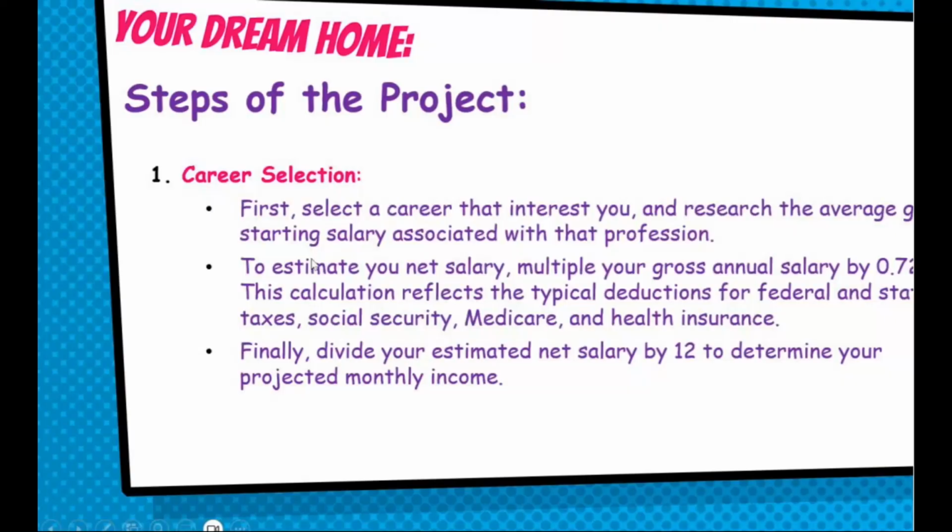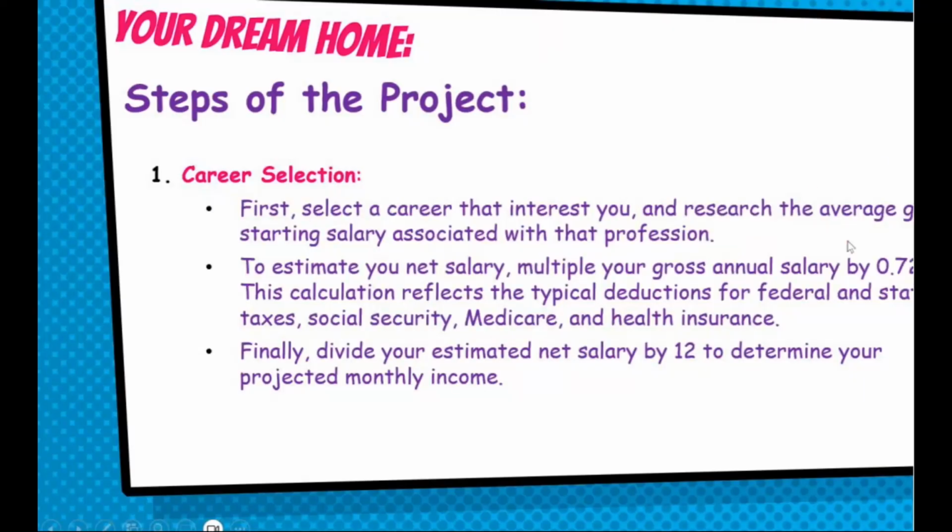Then you're going to estimate your net salary by multiplying that gross salary by 0.72. That's going to give you an approximate net salary. That's about 28% taken out of your gross for things like federal and state taxes, health insurance, Social Security, things like that.